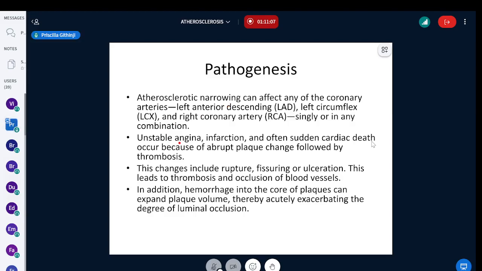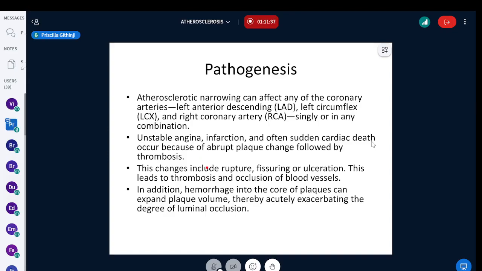Then you develop unstable angina. We're going to discuss infarction and often sudden cardiac death that will occur because of your abrupt plaque change followed by thrombosis, what we've discussed. If you have, let's say, rupture or hemorrhage, then you're going to have this plaque change that leads to thrombosis, and you get occlusion of that coronary artery.